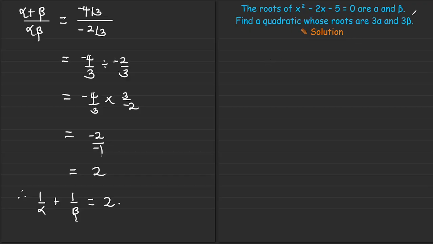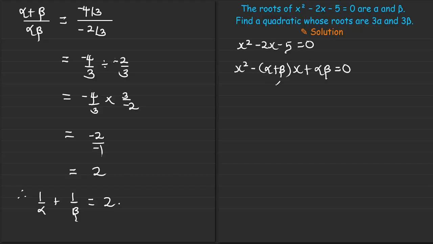So first of all, we have x squared minus 2x minus 5 is equal to 0. The coefficient of x over here is 1. Hence it is already written as x squared minus the sum of roots x plus the product of roots.